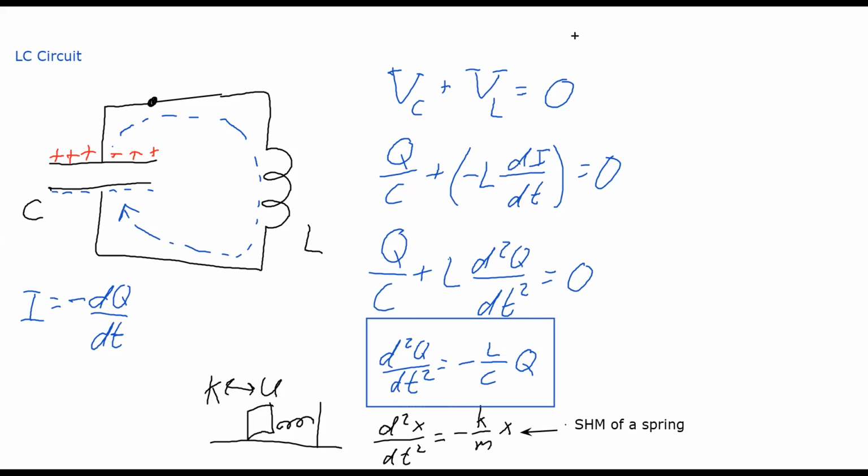You have a second derivative on the left equals a negative constant, in this case L over C, and then times Q. So if we solve this differential equation, and we're not going to do that here because I think some of you haven't taken differential equations yet, which is fine, we get this equation for Q. So this will solve the differential equation here.